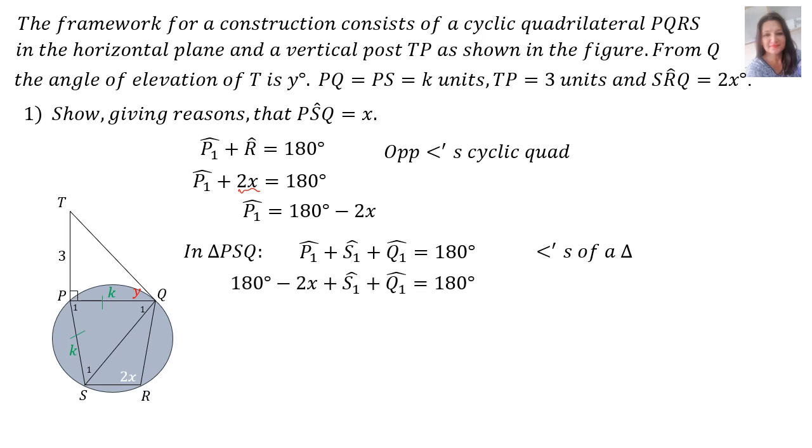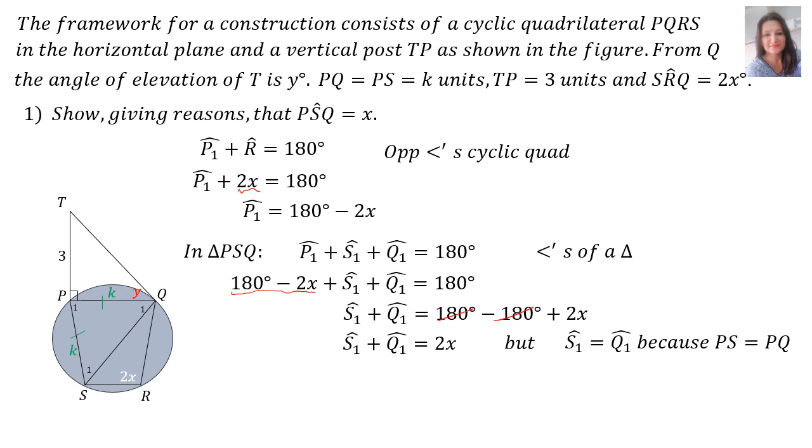Then in P1's place we can substitute 180 degrees minus 2x, plus S1 plus Q1 is 180 degrees. Then the 180 degrees and the 2x will walk across, and 180 minus 180 will cancel and I'm left with 2x. Then S1 plus Q1 is equal to 2x.